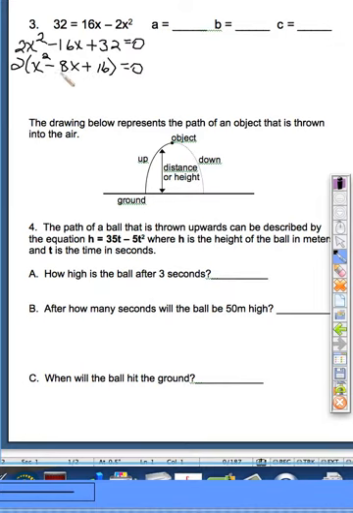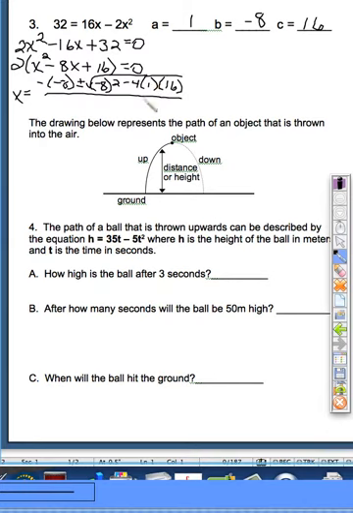Now, just looking at what's in the parentheses, our a then is 1, our b is negative 8, and our c is 16. I could have used 2, negative 16, and 32 and would have come out with the same answer. So x equals negative 8 plus or minus the square root of negative 8 squared minus 4 times 1 times 16.